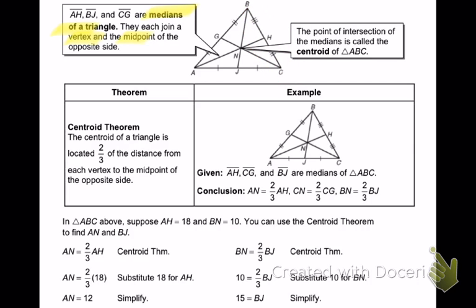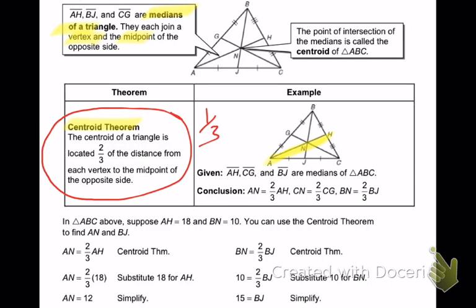Great. Now we're going to talk today about the centroid theorem. The centroid of a triangle is located, what they say is 2/3 of the distance from each vertex to the midpoint of the opposite side. I am instead going to talk to you about the 1/3 rule, because it's kind of easier. Let's say I take the segment here, AH.